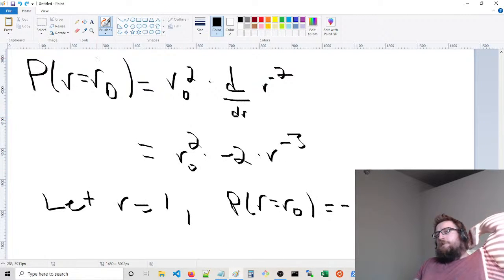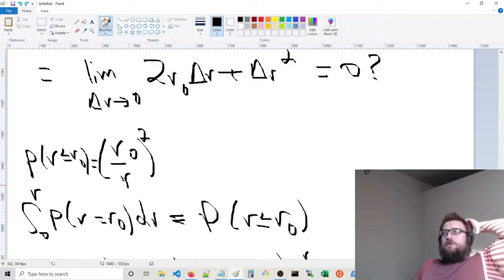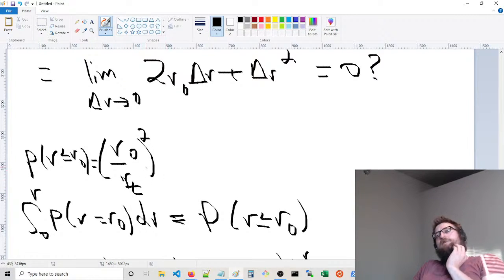Trying to get that this is the square root of a uniform distribution. Oh, yeah. This is actually a constant, this r sub 0.